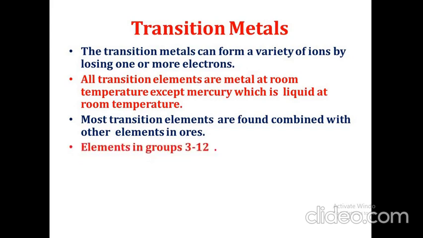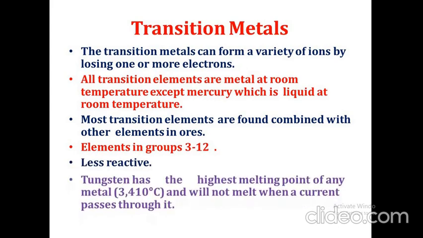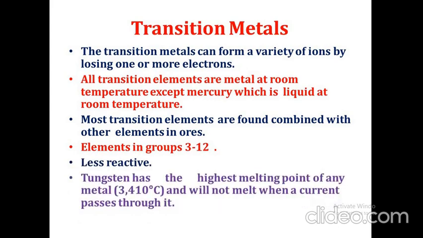Elements in groups 3 to 12 are included in the transition metals. These are less reactive, and tungsten has the highest melting point of metals, 3410 degrees Celsius, and will not melt when a current passes through it at that temperature.